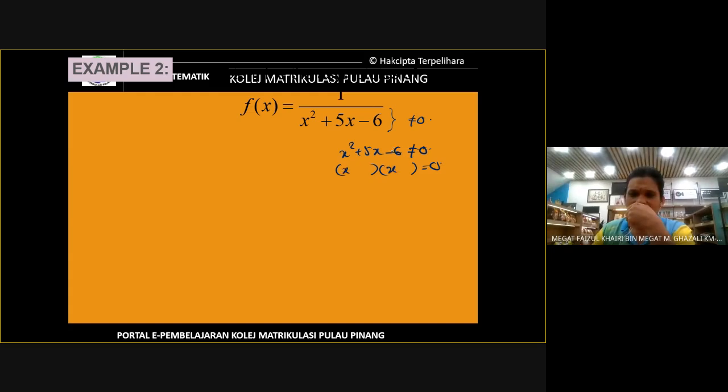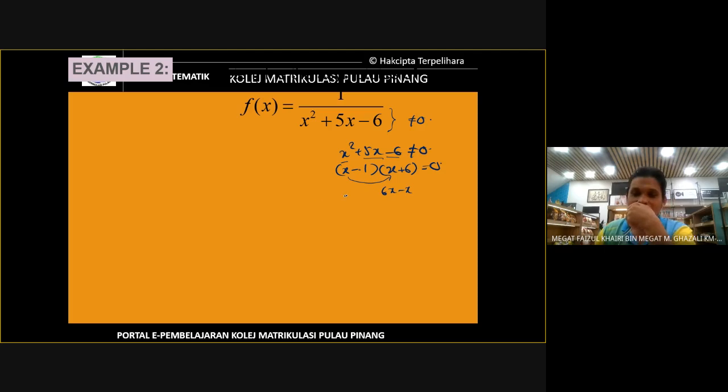The suitable numbers are 1 and 6 with positive and negative. Let's try again. x times x, x squared. x times 6, 6x. x times negative 1, minus x. So 6x minus x is 5x. Negative 1 times 6 equals negative 6.